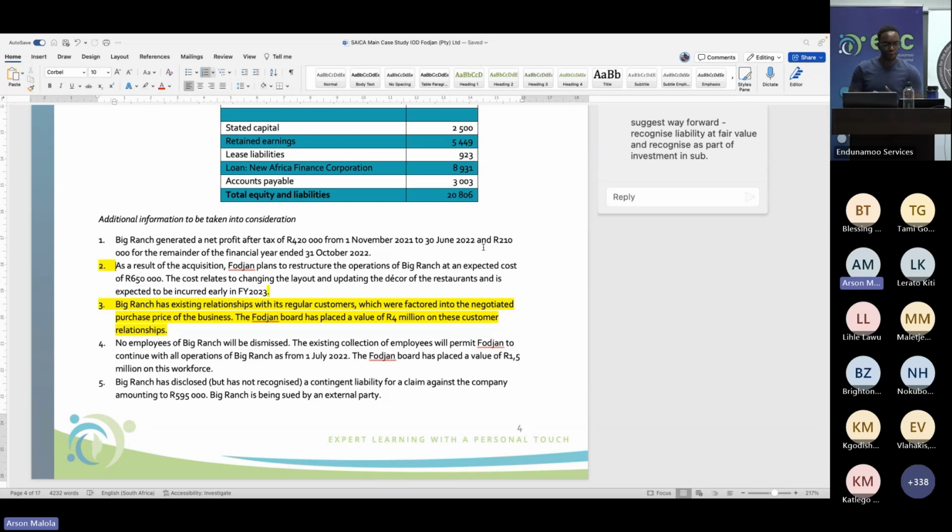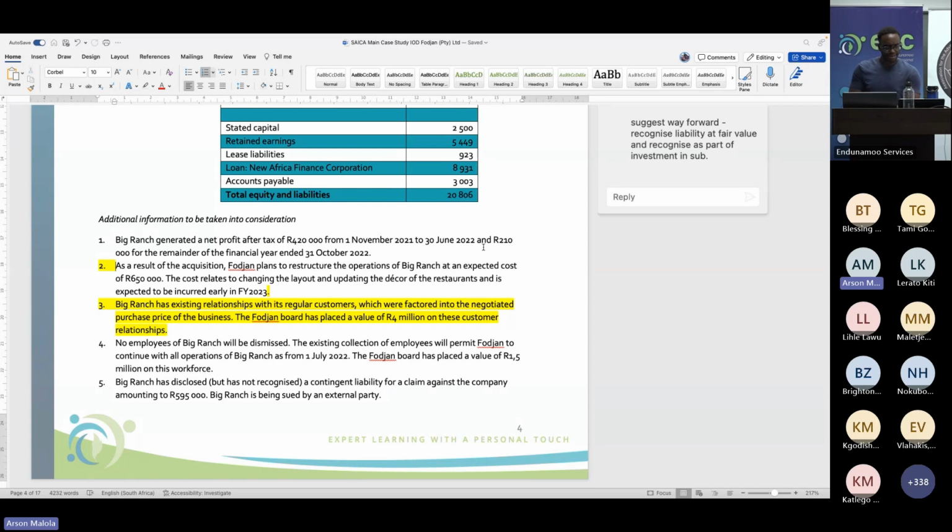So the probability of an outflow, and I think you refer to it a little bit later on when you speak about the valuation technique and a lower or negative value, that comes through in the valuation. So if there's a low revenue that's probable, all those factors need to come into the valuation to determine the fair value. But it doesn't mean that you do not recognize the intangible. Because as soon as you meet the identifiability criteria, you need to recognize the intangible. Then the question is measure fair value, and then you can bring in all your probabilities into the frame. Okay, so that's what I wanted to mention on that one.